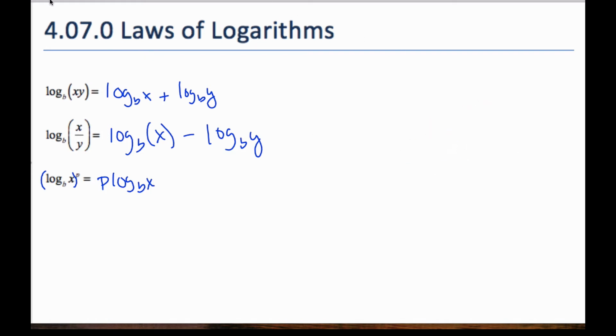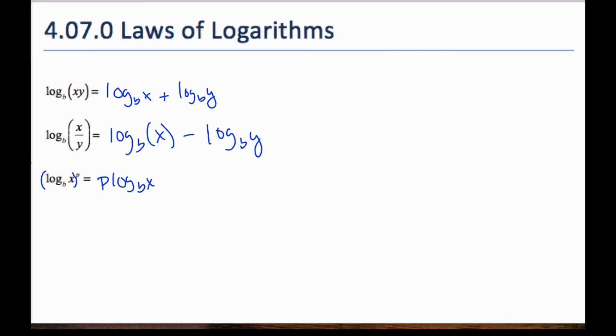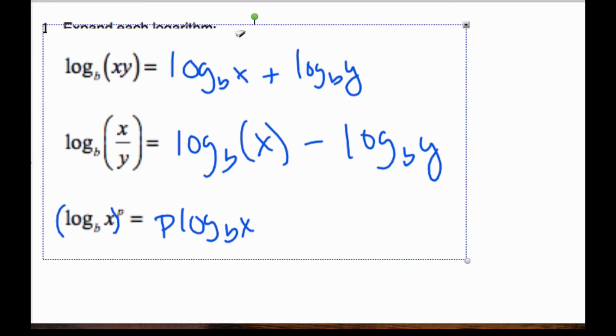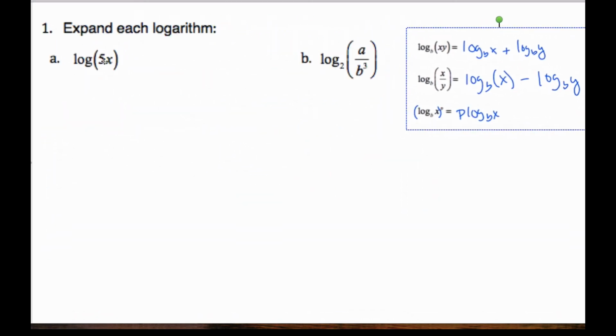All right, so let's go to the next slide and see what we're going to do. So now we're going to use our properties that we have here, and I'm just going to copy them over, take them with me. And I can see the properties, what they are. Here they are. And if I'm going to expand this logarithm, I'm going to try and write it out.